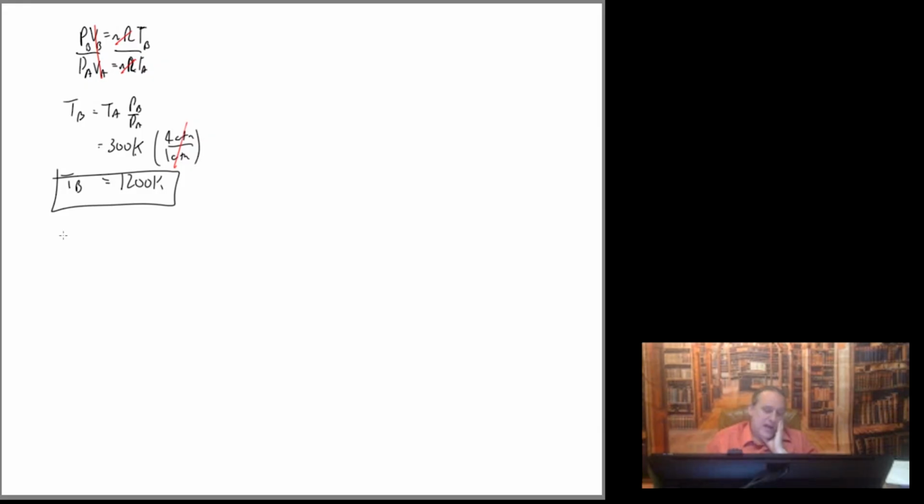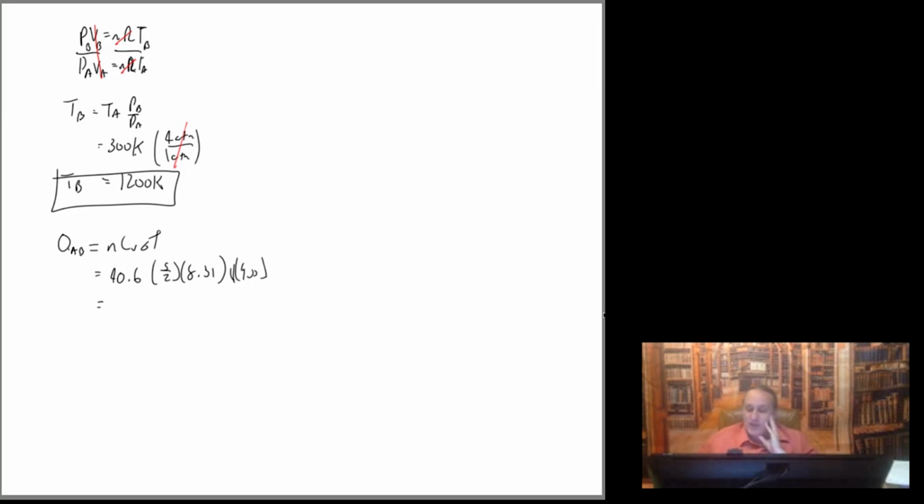So I could also say QAB equals nCV delta T, and that's my 40.6 moles times 5 halves times 8.31. And my delta T going from 300 up to 1200 is 900.